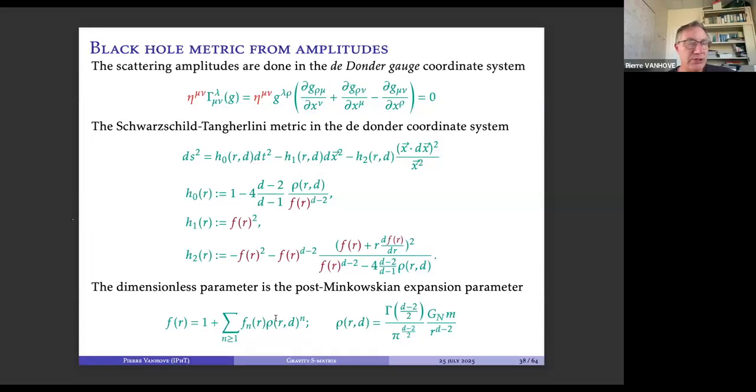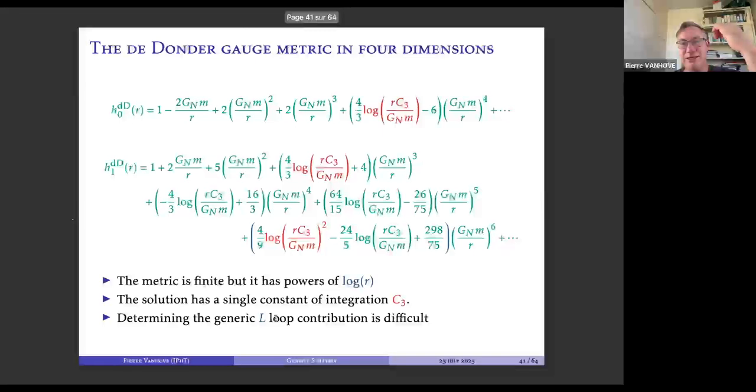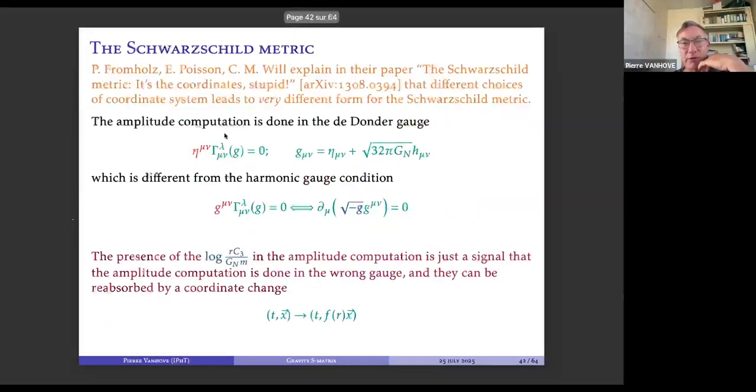In a sense, there's nothing wrong with it. This is a totally equivalent way to write the Schwarzschild metric, except that you could find it pretty unpleasant to work with. It is interesting to see that if you apply the rules of quantum field theory correctly, you work in a gauge that is different from that.